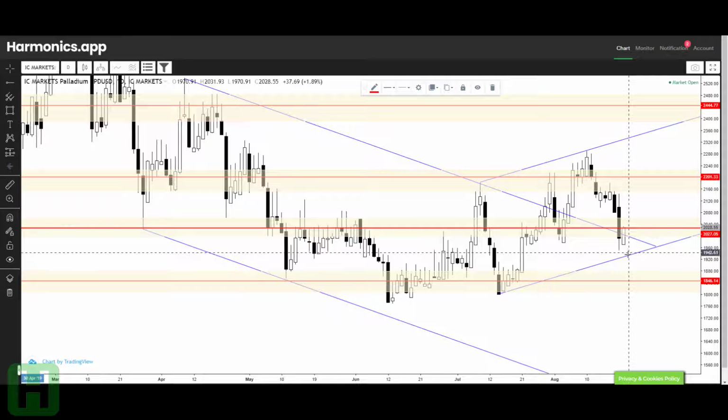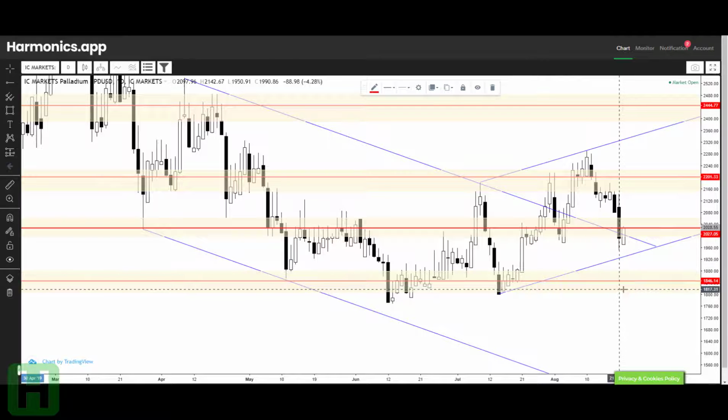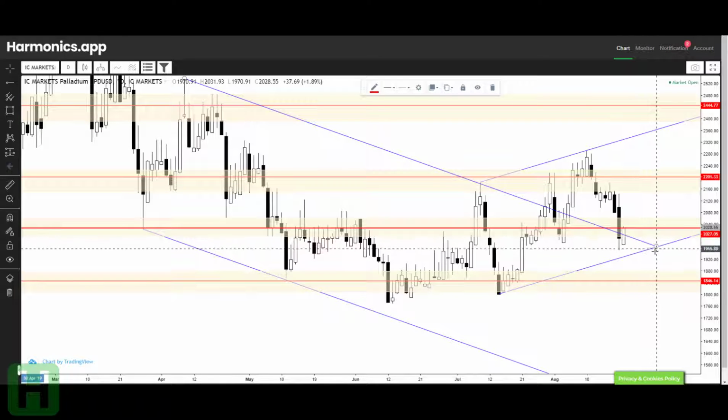If the price stays above this level, it will mean the price will find a greater demand zone where the bulls could push the price higher. But to confirm that, we need some kind of price action signal at this level. It could be from 1965 to 1938, which I said a few seconds ago.